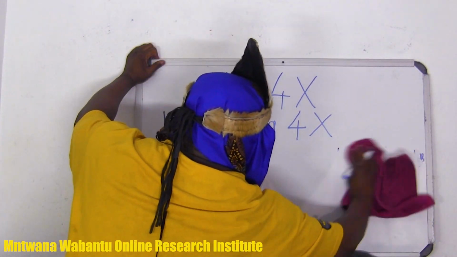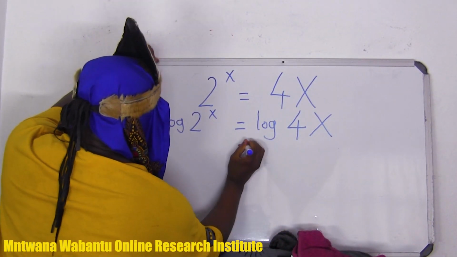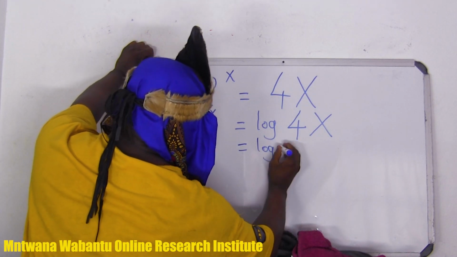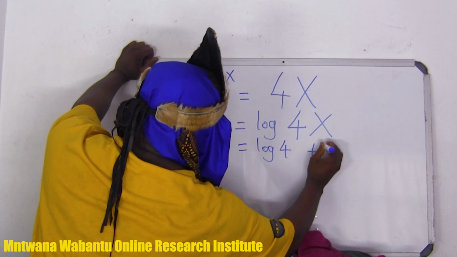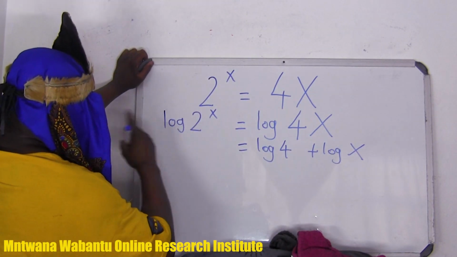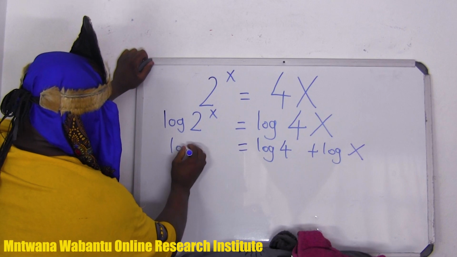So I can say log 4 plus log x equal log 2 power x.